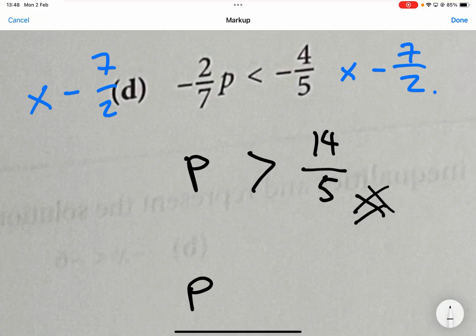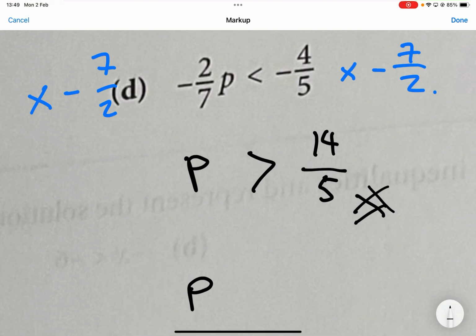I times 7 over 2 so that 7 numerator, 7 denominator, cancel, become 1. 2 denominator, 2 numerator, cancel, become 1. Negative and negative multiplied together become positive. So I have a positive p. But because I multiply this, so I must multiply the same thing. This whole thing cancel away this whole thing. I write it like that easier for myself to see.